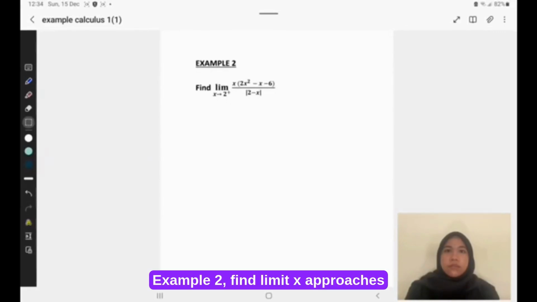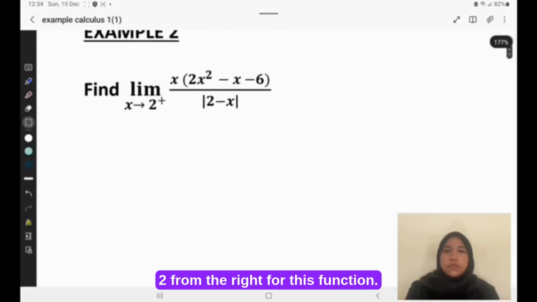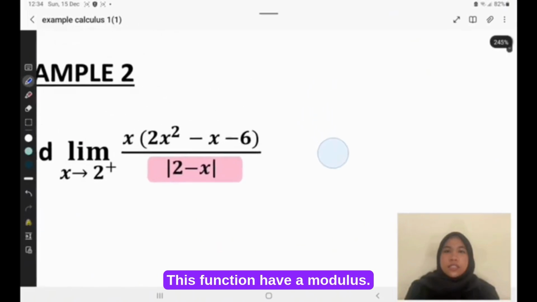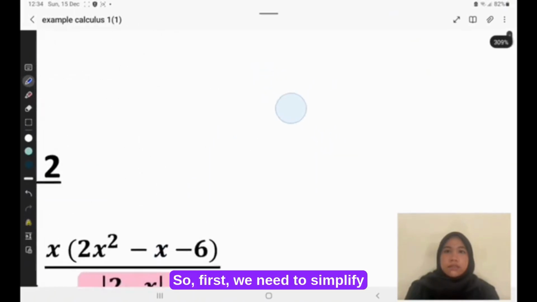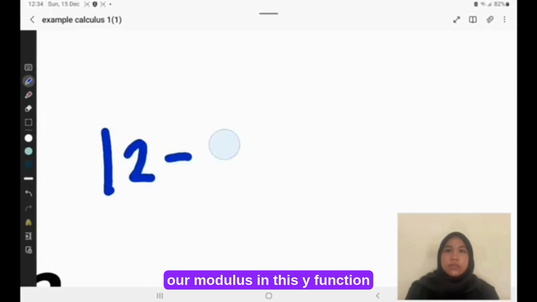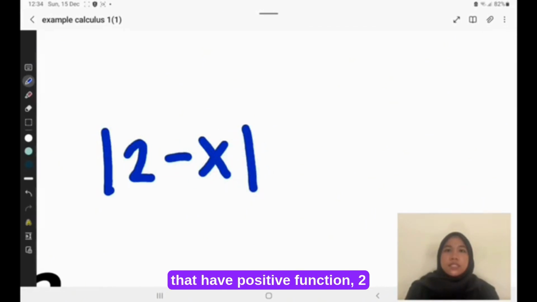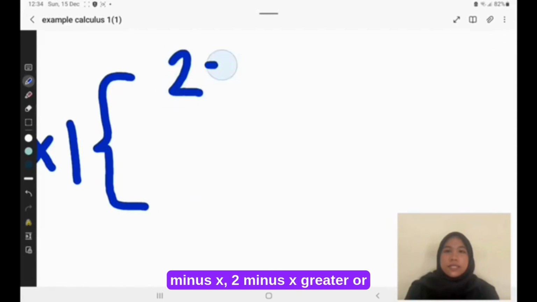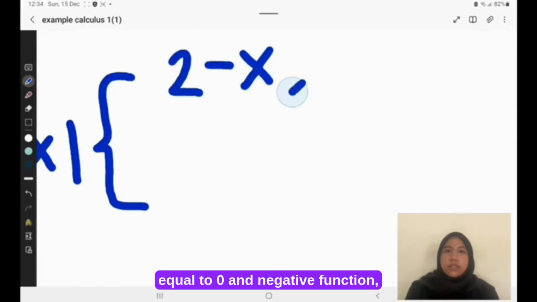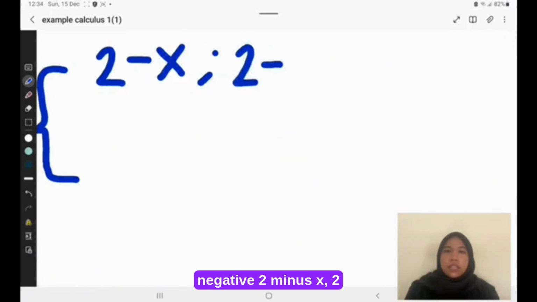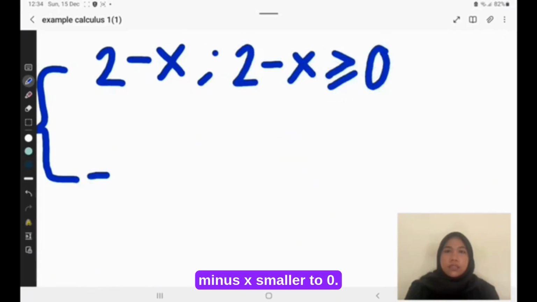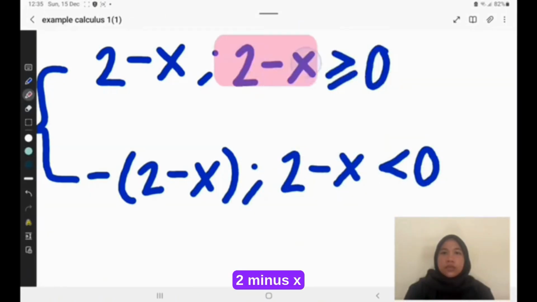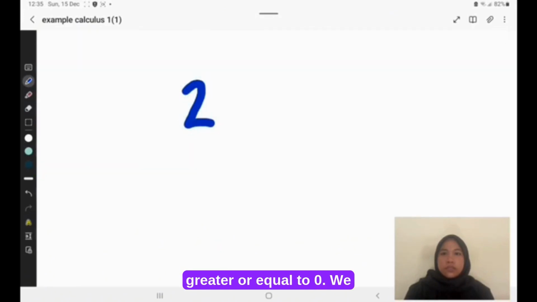Example 2. Find the limit as x approaches 2 from the right for this function. This function has a modulus. So first we need to simplify our modulus into a piecewise function that has the positive function when 2 minus x is greater than or equal to 0 and the negative function, negative of 2 minus x, when it is smaller than 0. 2 minus x greater than or equal to 0.